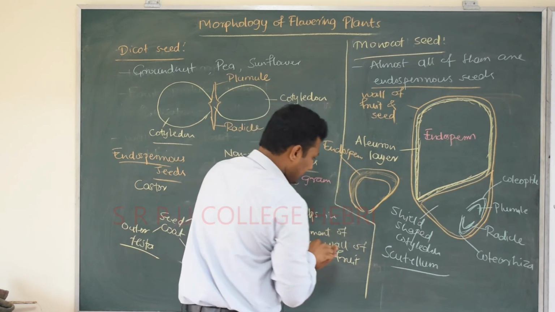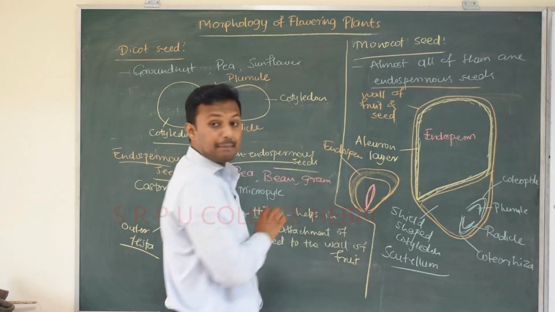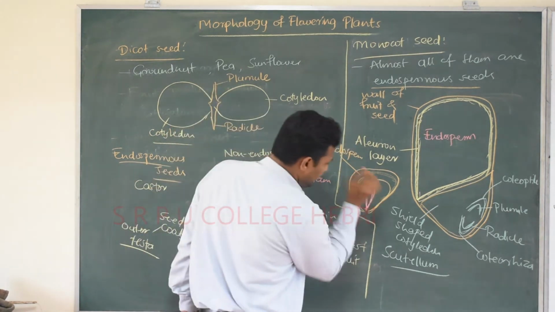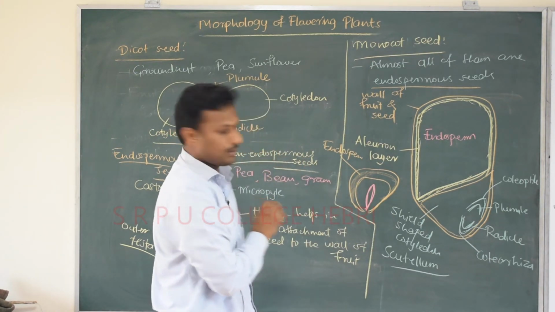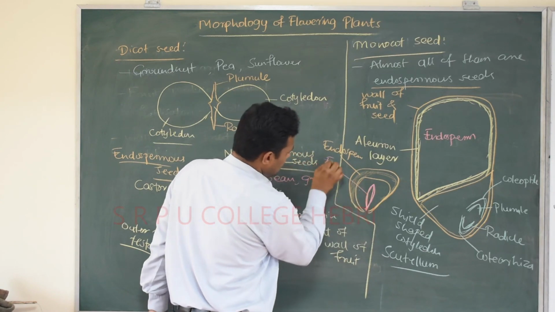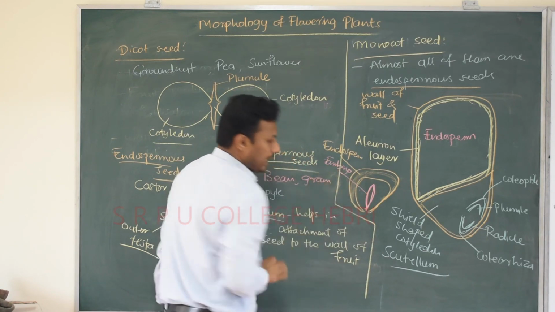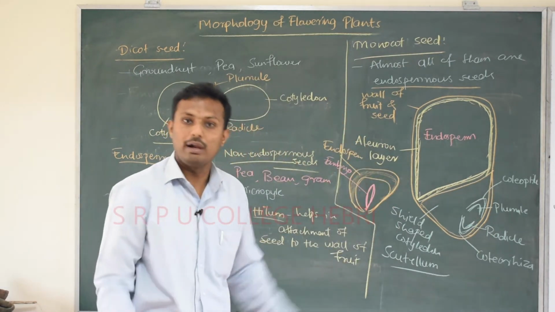And here this is nothing but the embryo. This is the embryo. So this is the single cotyledon, that is what is called scutellum. This is scutellum. This is the embryo. Okay, and this is the endosperm. This is the seed coat and fruit wall fused layer.